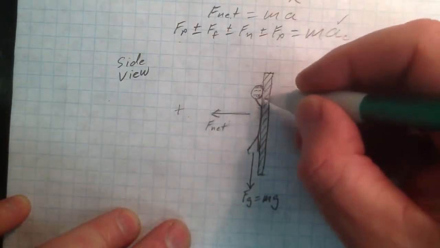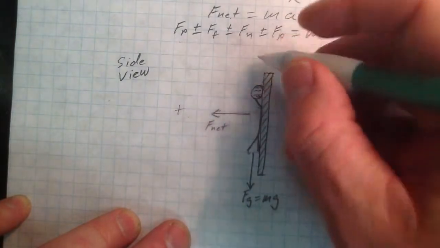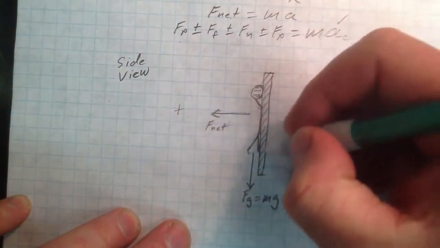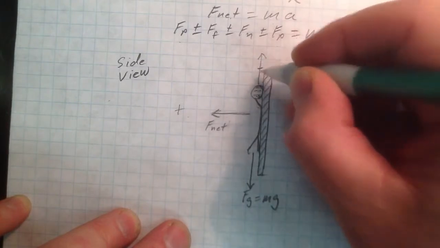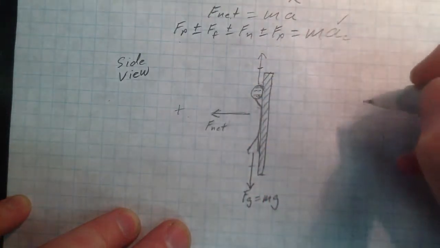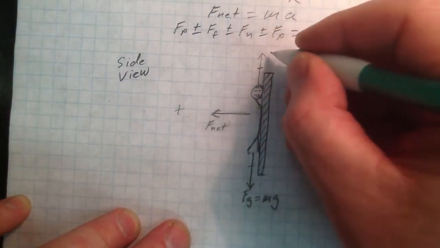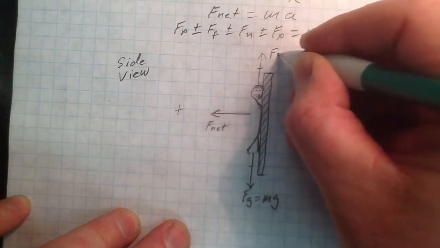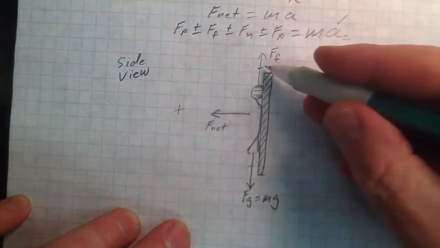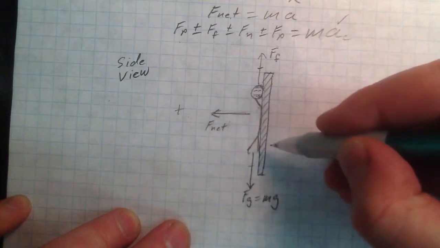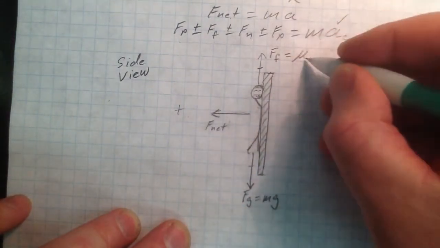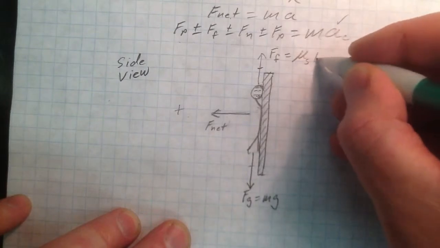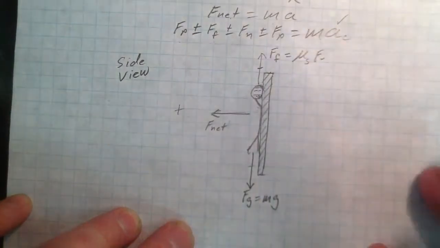Because I'm being pressed up against the wall. Remember, you might be tempted to say, oh, well, this vector right here is in equilibrium with that vector. True. What is the agent of this? This is force friction to keep you from sliding down the wall on this ride. And that is still going to be equal to mu s force normal.